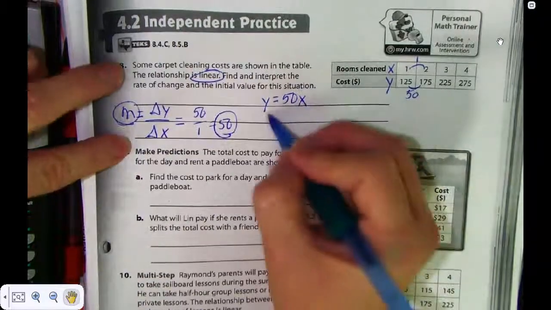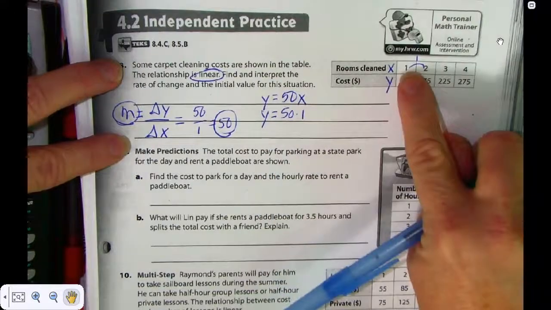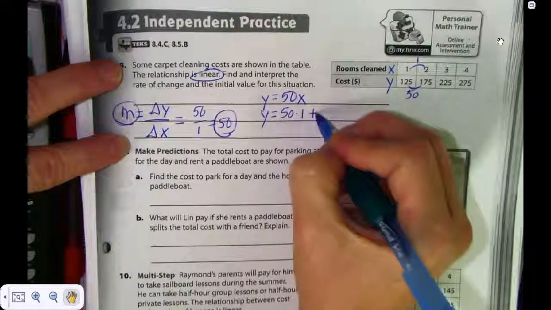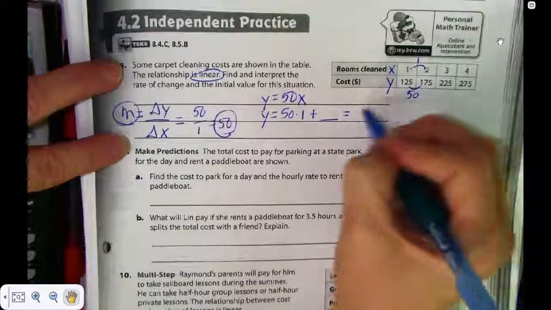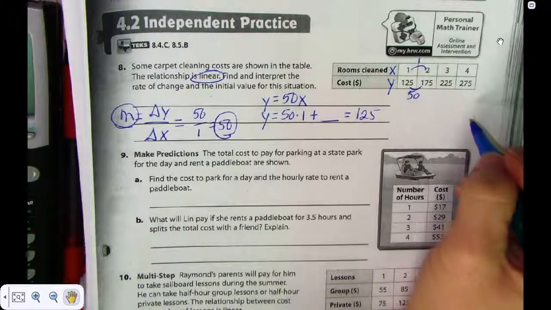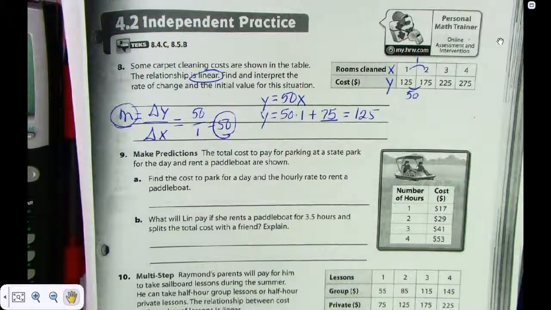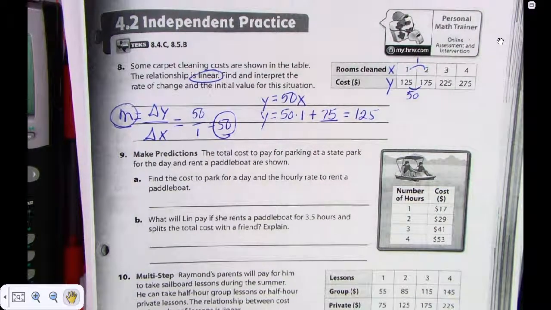Okay? But now let's go see if it's proportional. 50 times 1 is what? 50. Plus something's going to have to give us 125. Good. Daniel, 75. Does everybody see where Daniel got 75?